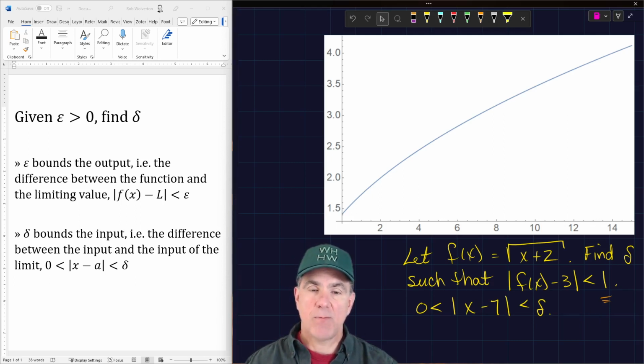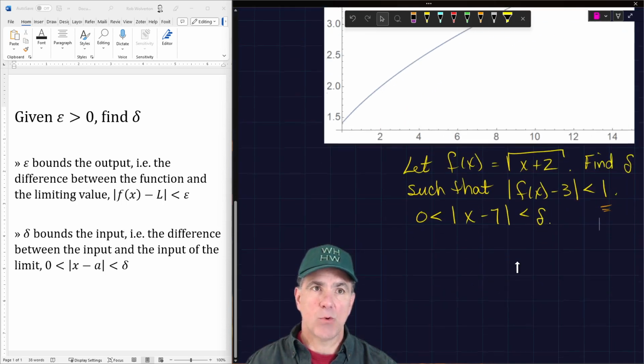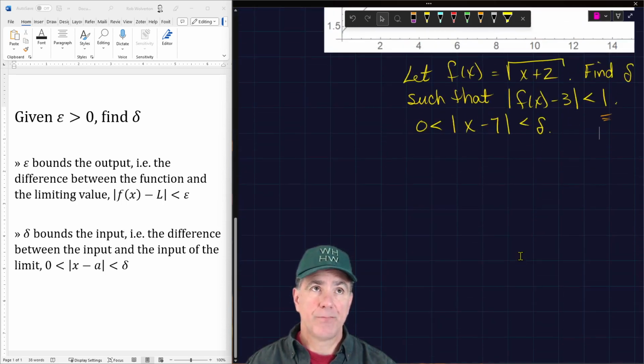So we're going to bound x minus 7, and we're going to pick the delta value that makes the statement above here true. That's what we need. We want to find the delta such that that works. So let's do the algebra first, and then we'll go back and look at the graphic and see how it makes sense.